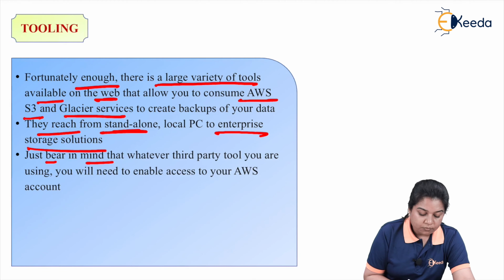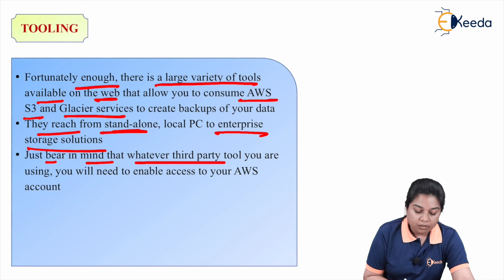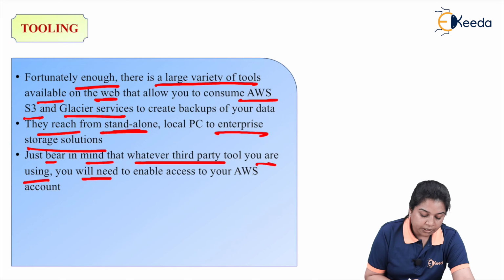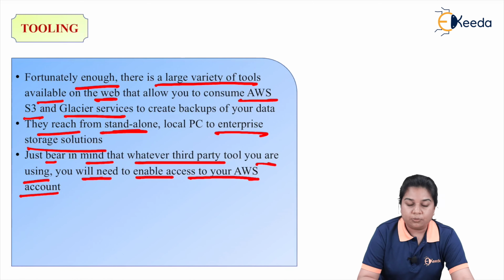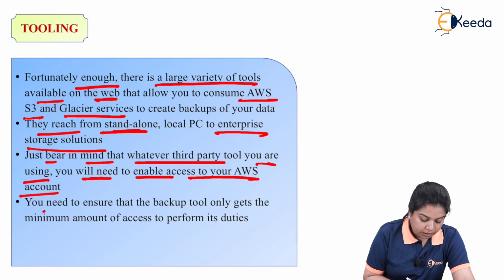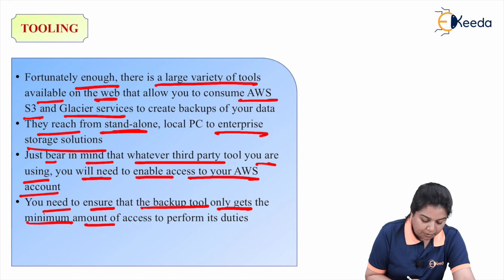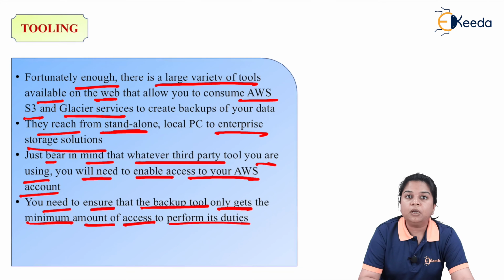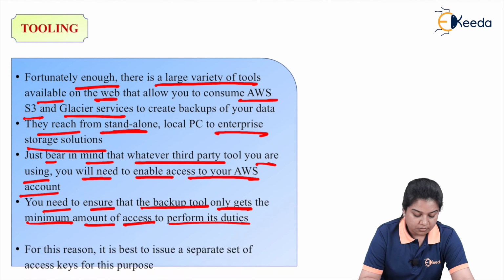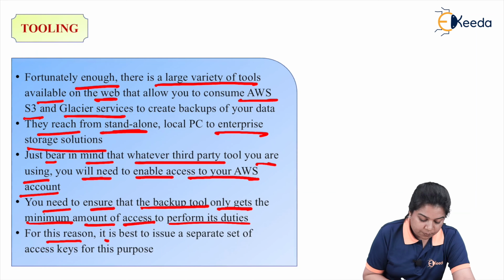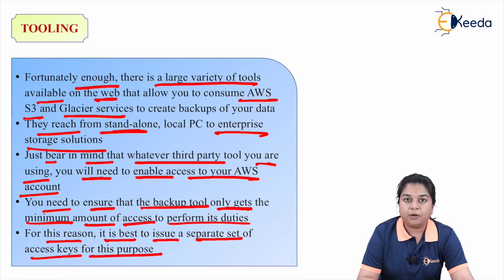Just bear in mind, whatever third party tool you are using, you will need to enable access to your AWS account. You need to ensure that the backup tool only gets the minimum amount of access to perform its duties. For this reason, it is best to issue a separate set of access keys for this purpose.